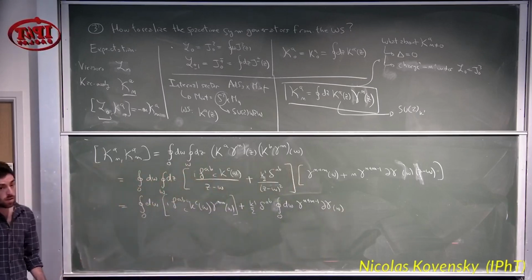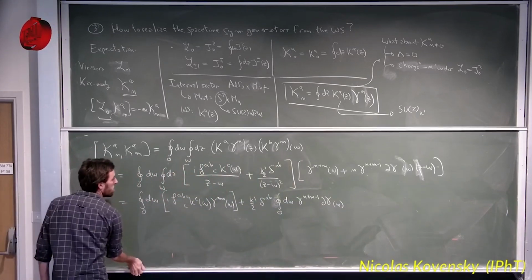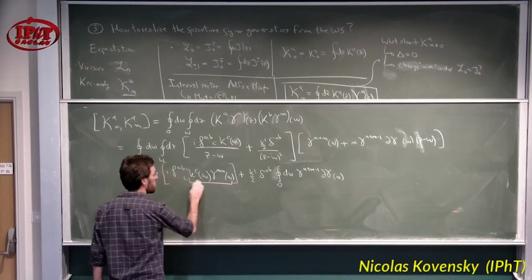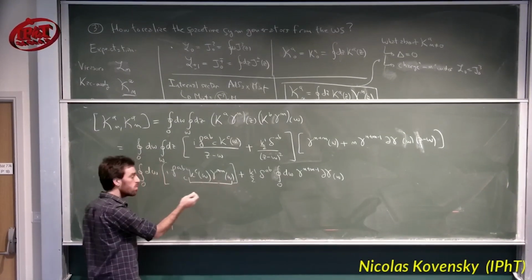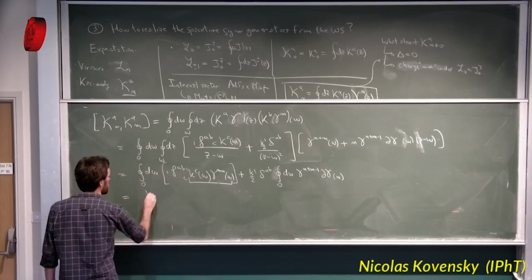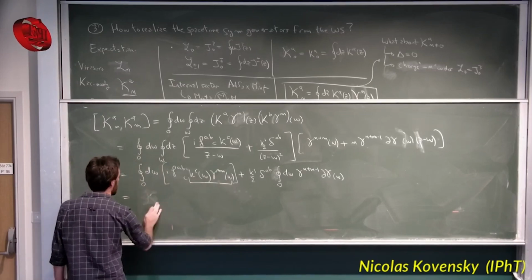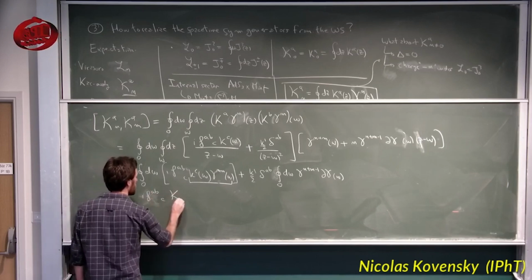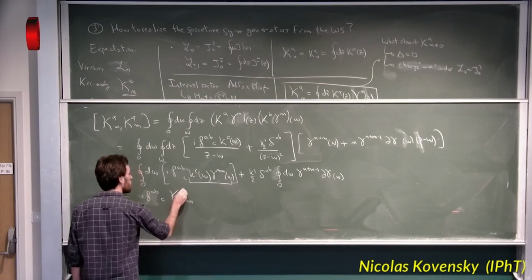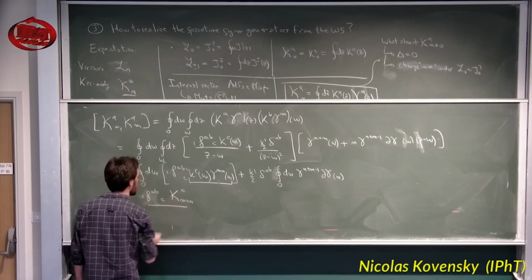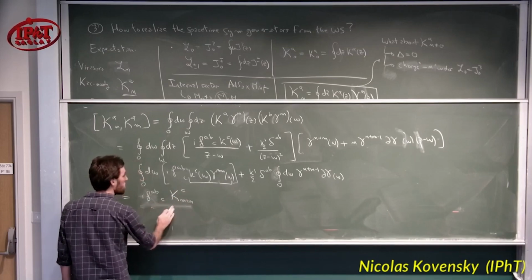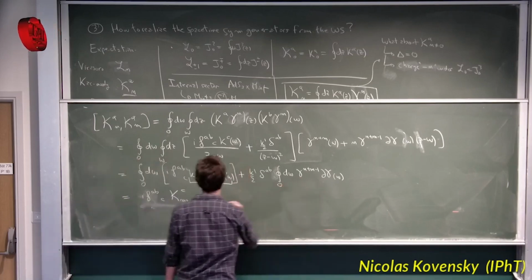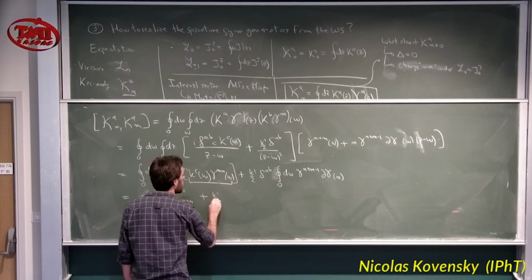Okay, so here you recognize precisely the definition of the spacetime mode. So this is just K, i f^{ABC}, with the same structure constant. Nothing else, right?